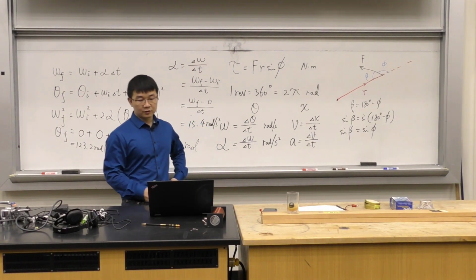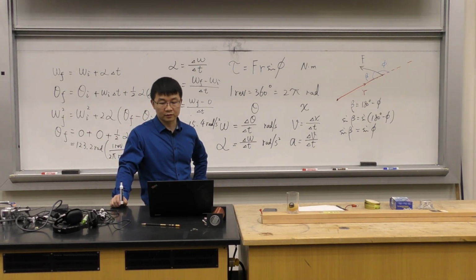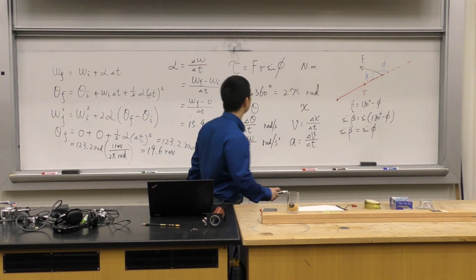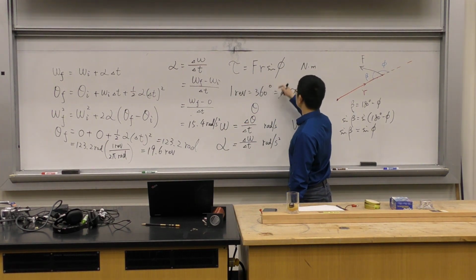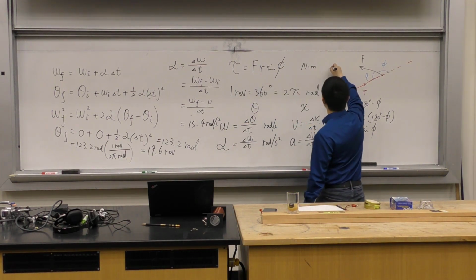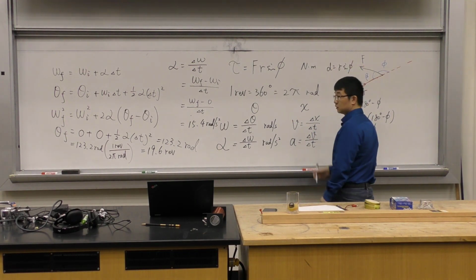Now sometimes you can see this term moment arm, on slide 13. That's nothing but a product, a new name people make for these two things. So sometimes they call d times sine phi the moment arm.